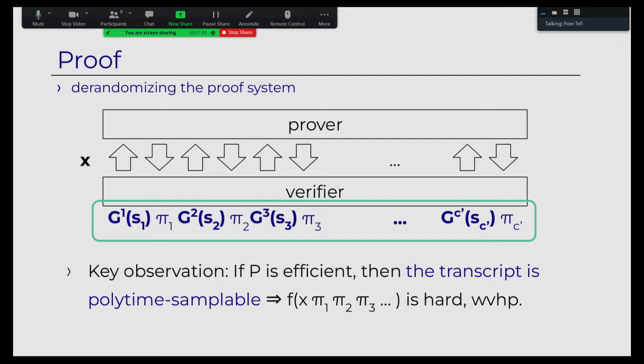So whenever you look at a turn, the transcript in front of you is just a random variable from an efficiently sampleable distribution. And f is going to be hard with very high probability. So for every fixed prover that tries to find an input and a transcript, with very high probability, the Nisan-Wigderson generator will give us a pseudo-random output string.